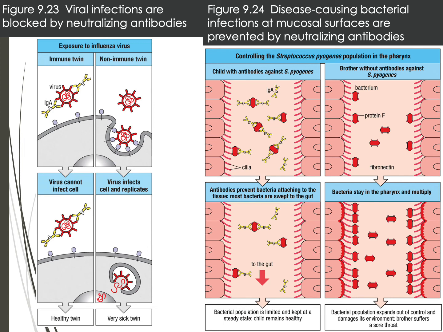And so here we can see how if we have an individual that has antibodies against streptococcus, they are going to be able to neutralize these toxins, and they're just going to pass through the gut, so that child remains healthy. However, if we had an individual that did not have antibodies against it, this protein F, this toxin that's being produced, is going to lead to damage in the cell.